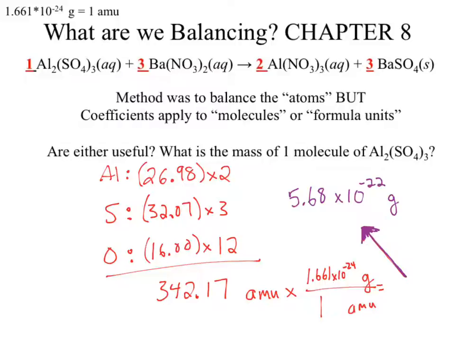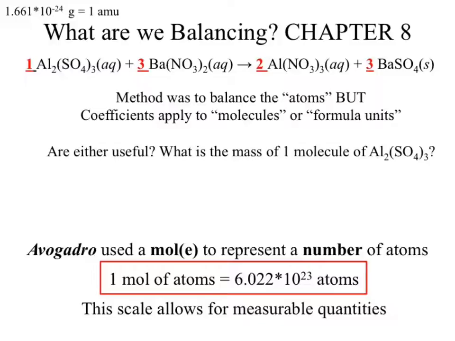It makes sense to scale this up to a different amount of molecules. I'm going to invent a unit that takes that number of grams up to a reasonable value. So instead of measuring one molecule, I'm going to measure a lot more molecules. What's that unit? Moles. 1 mole of atoms is 6.022 times 10 to the 23rd atoms.